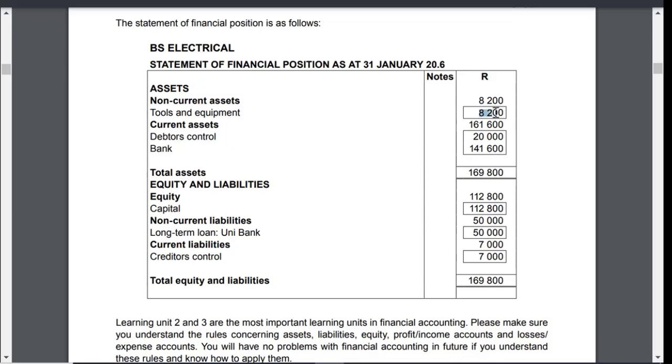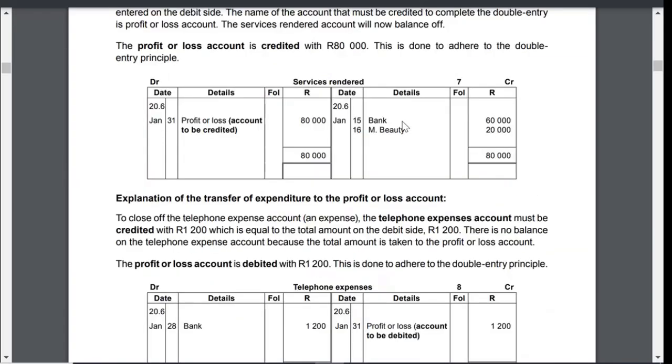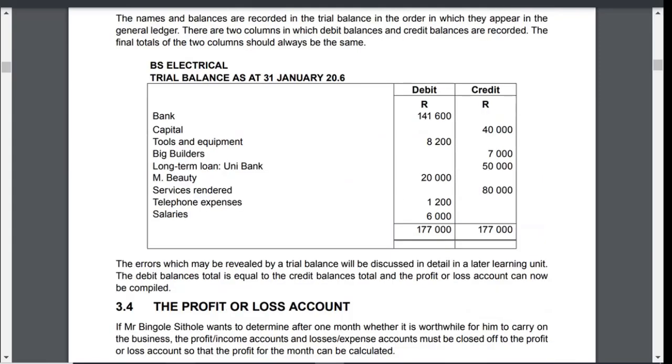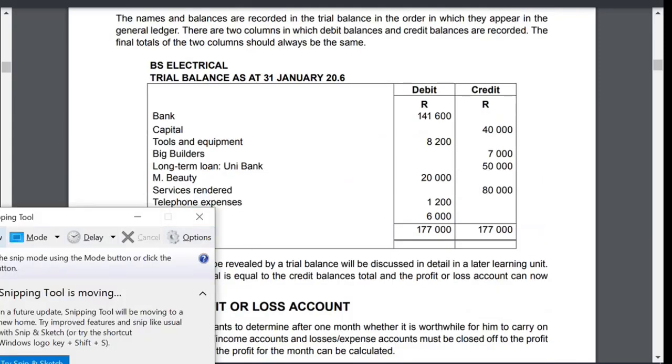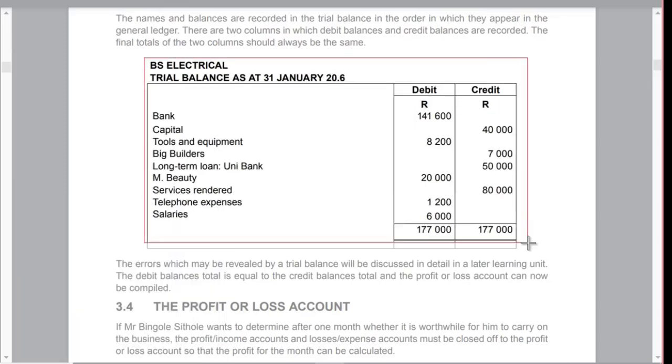From the trial balance, can you see where they get the 8,200? Let me just screenshot this trial balance. All the figures in your statement of financial position come from this trial balance.